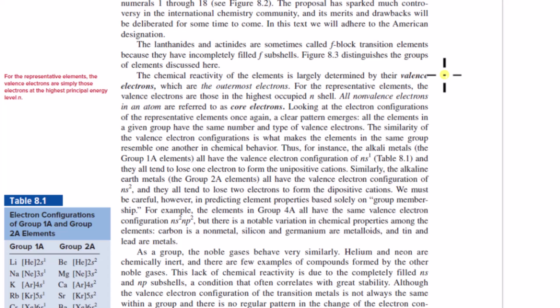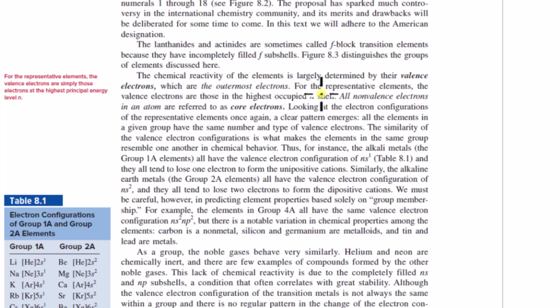We're going to want to be very clear, if we're given any element, what are its outermost electrons? How many are there, and what are they? These are called valence electrons. It's extremely important. I'll say that again. We need to be extremely clear, if we're given any element, how many outermost or valence electrons that element has, and what they are. What subshells are they in?